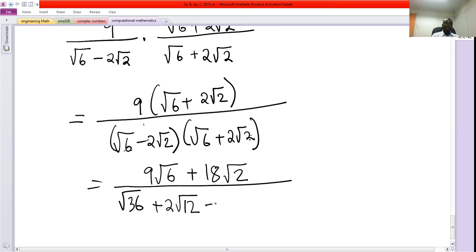Minus plus is minus. These numbers outside the square root, you multiply them, and then you write the square root sign and multiply the numbers inside the square root sign. So 2 by 2 is 4.